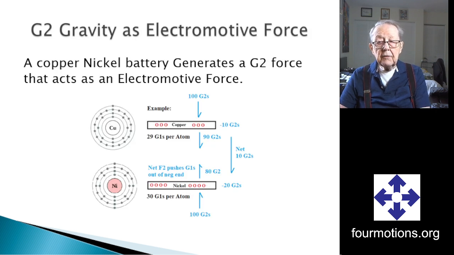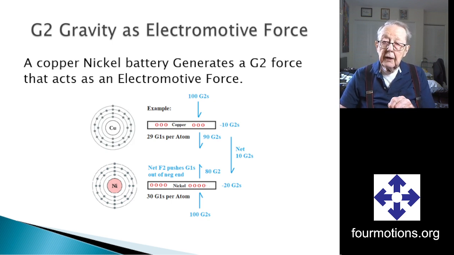Now here's a couple of applications where G2 gravity comes into play. A copper-nickel battery generates a G2 force that acts as an electromotive force. So what this is saying is that the G2 force is based on gravity. It's a gravitational force.